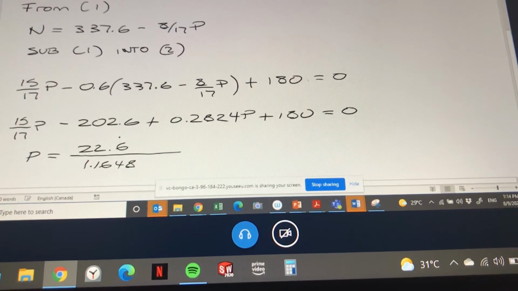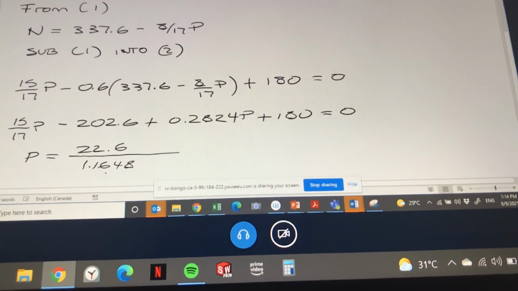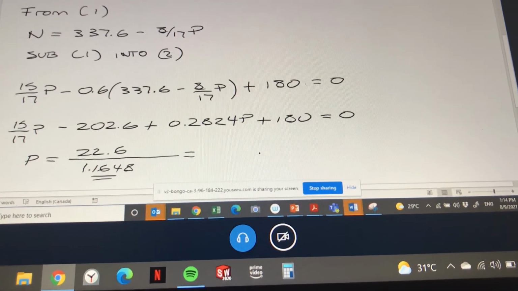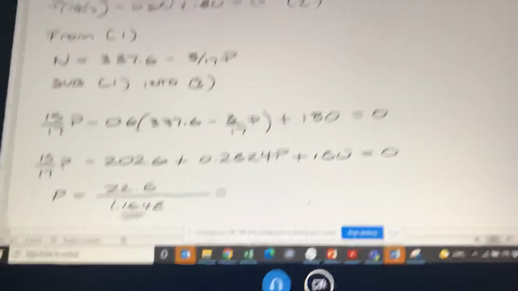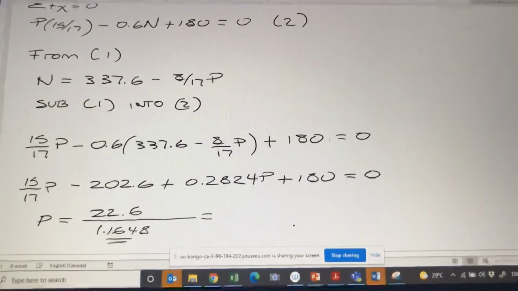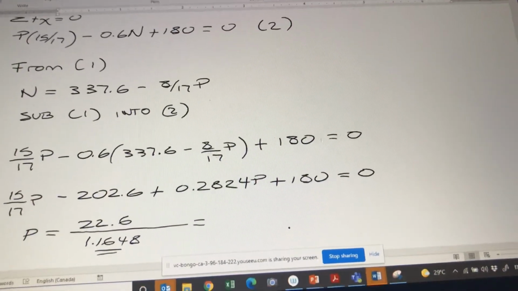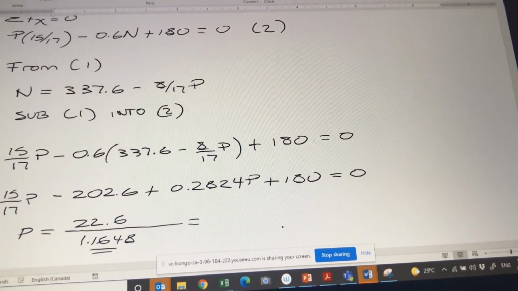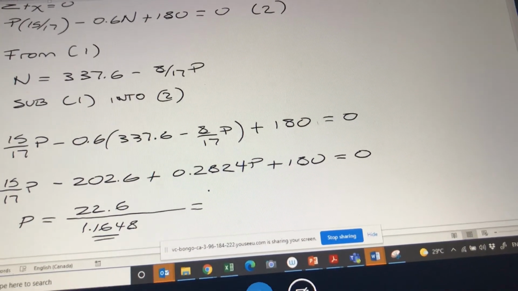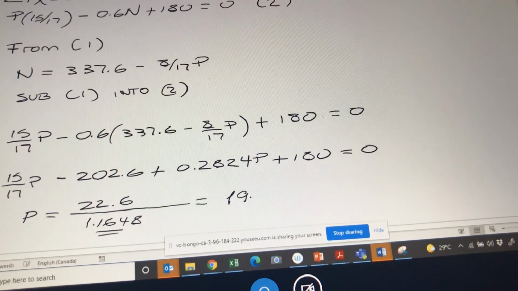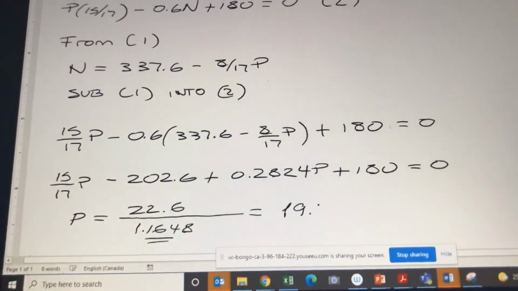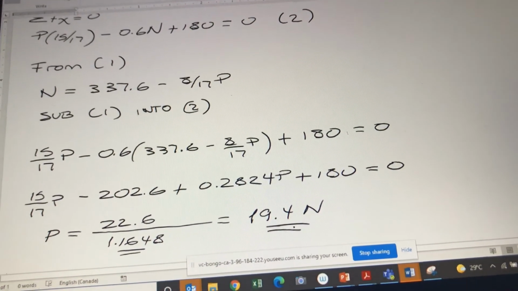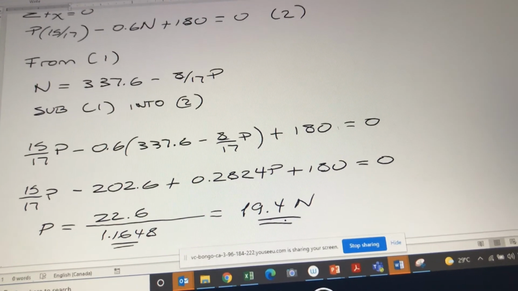I used one more additional digit; I used 5. Perhaps I should use only 4 just to see what type of error we get. So now I'm going to divide 22.6 by this, and that is 19 Newton. Okay, so that's basically what you need to do to find the value of P.